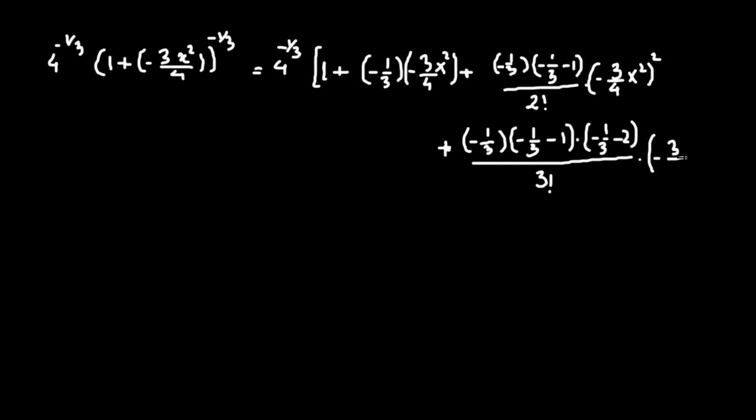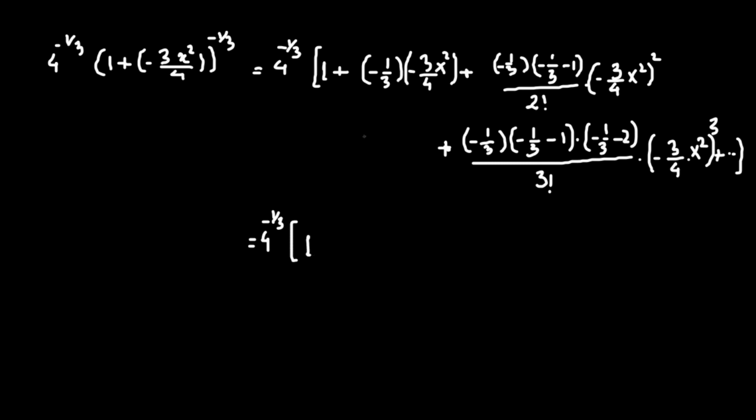So that would be simply negative 3 over 4 times x squared, whole raised to the power of 3, and the remaining terms.